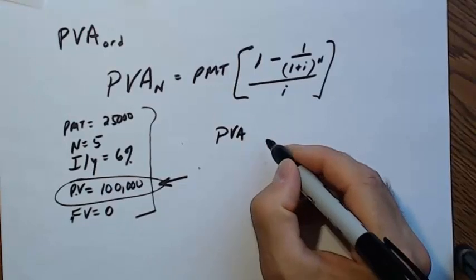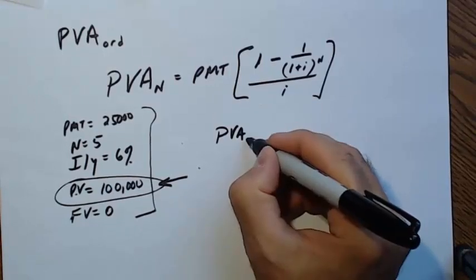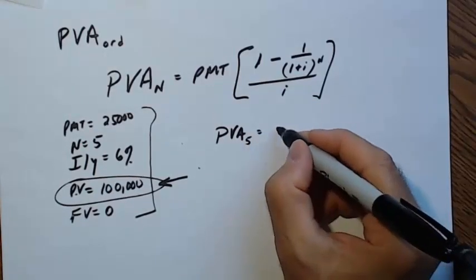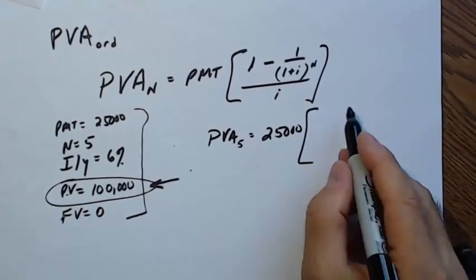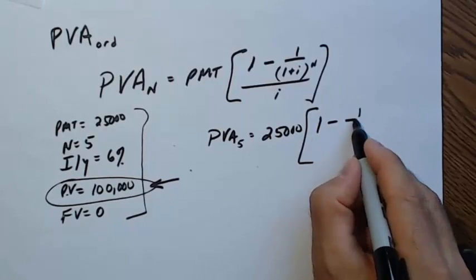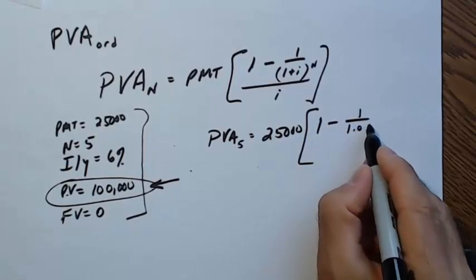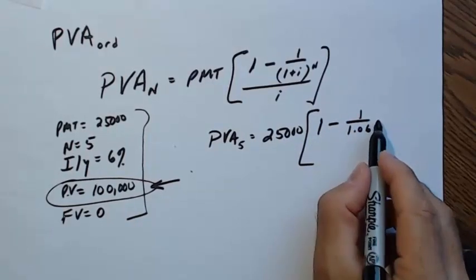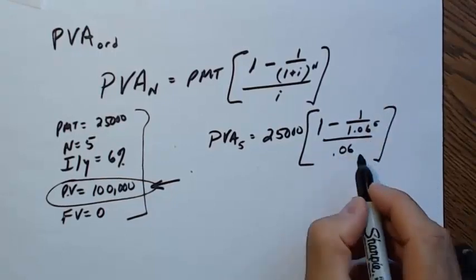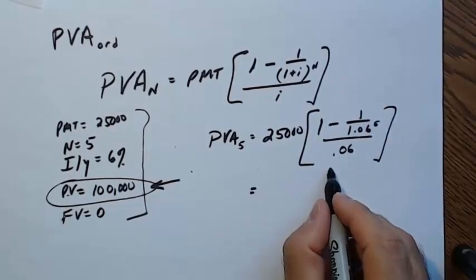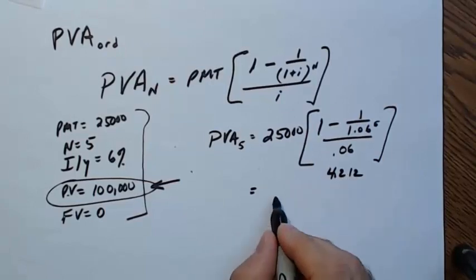So here's the present value of an annuity for n periods. Put a little 5 there if you want. And it's $25,000 times 1 minus 1 over 1.06 to the fifth, over 0.06. And this whole thing is 4.212.